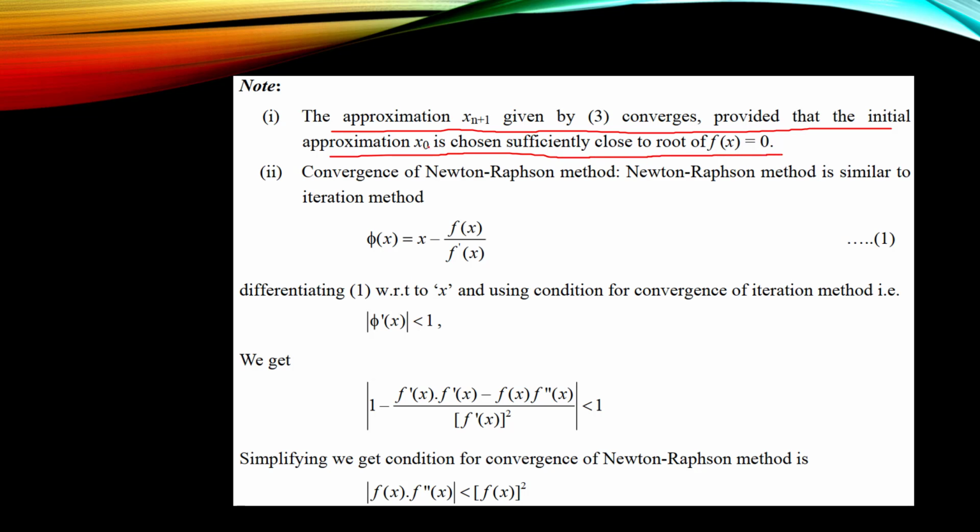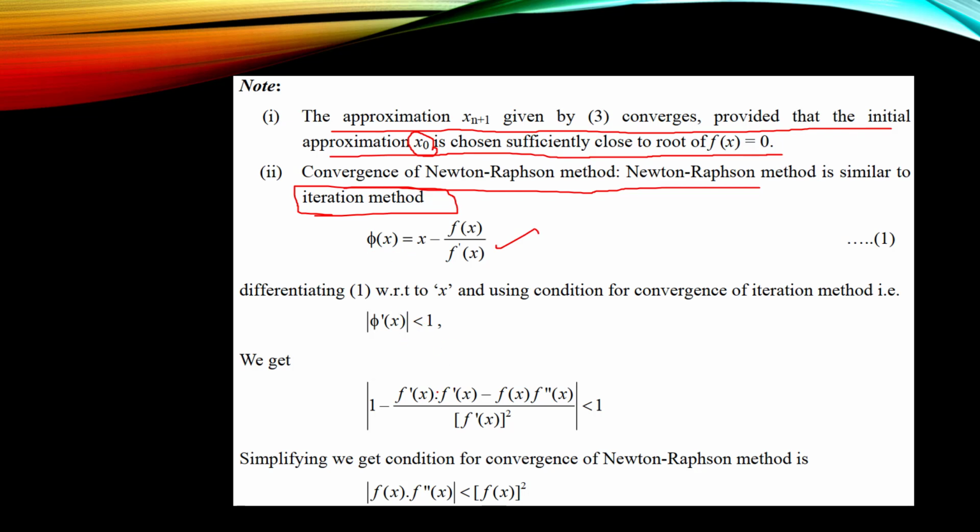So the convergence depends on the choice of x0. If x0 is very near to the real solution, you will get a fast convergence. Convergence of Newton-Raphson method is similar to the iteration method, which we have discussed in the last class. So we have phi of x, a new function, is equal to x minus f of x by f dash of x. Differentiating with respect to x, phi dash of x, the modulus value, should be less than 1.